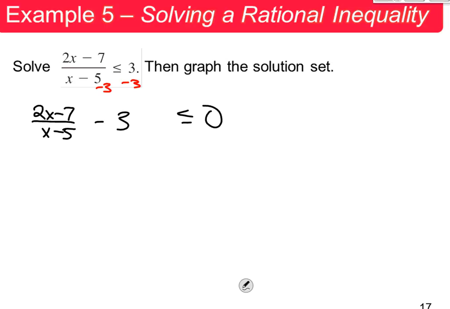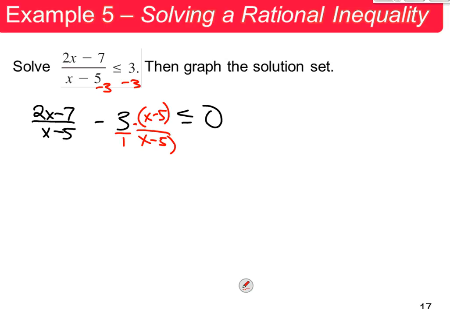Does that make sense? My denominator is x minus 5. So to not change the value of anything, I'm going to multiply by the fraction (x minus 5) over (x minus 5). And my 3 is like 3 over 1. That's going to allow me to get my common denominator.